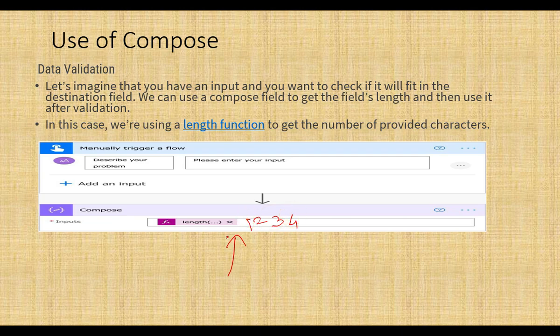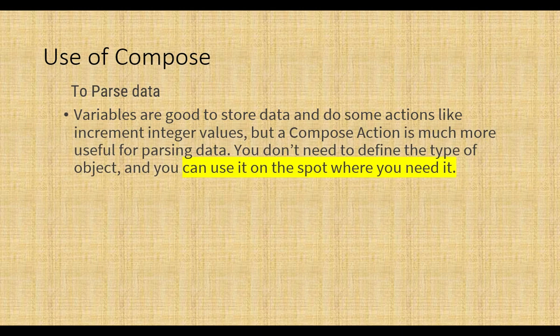It helps in debugging as well as when you give a function or expression, like the length function. Once you run the flow, you will get back the output result, which in this case is the length of the string. It will calculate and give you back the result. So you have to run it and see.